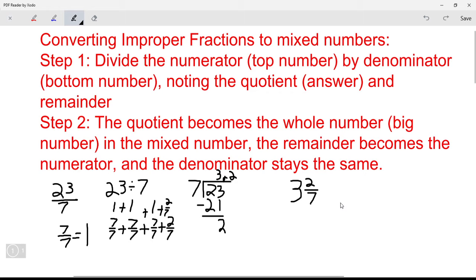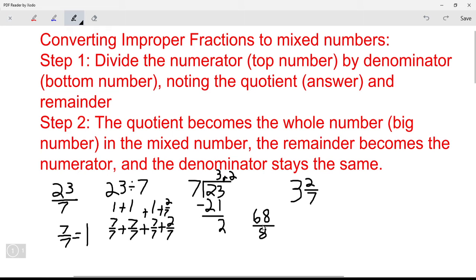Let's go for another example. How about 68 eighths. Get some bigger numbers in here. Alright, so all we're going to do is divide.